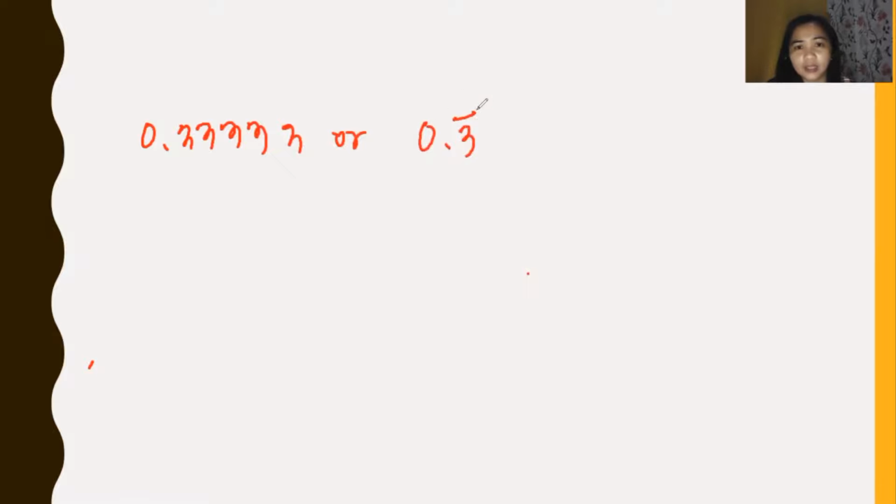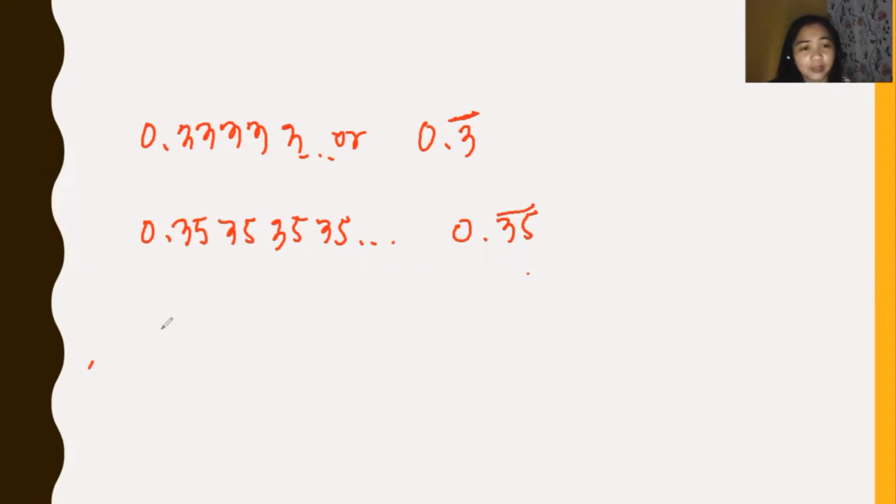Now, let's have an example for that. Example of non-terminating decimal is, or we can write as 0 and 3. Yan, nilalagyan natin ng bar kapag nagre-repeat yung digit. So, non-terminating siya, walang katapusan at the same time, paulit-ulit. Or we can have 3, 5, 3, 5, 3, 5, 3, 5, and so on. So, paulit-ulit si 3, 5. Or we can write this one. So, non-terminating.